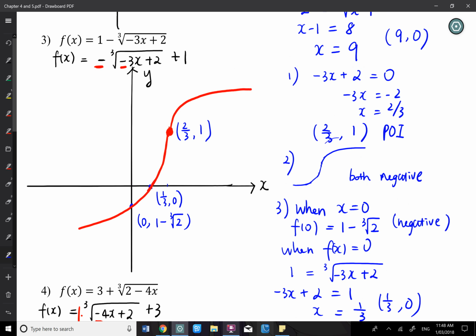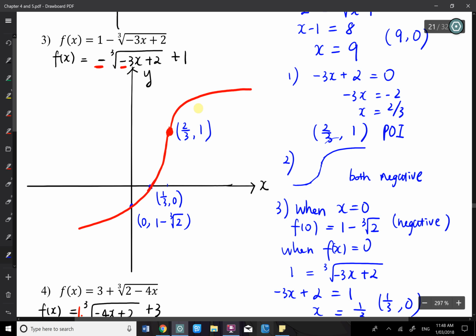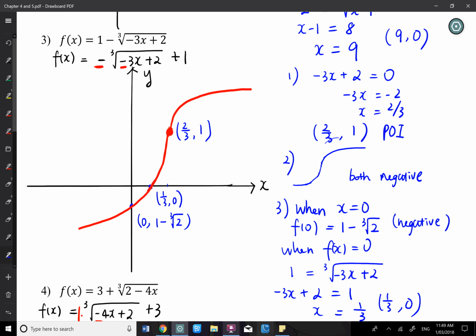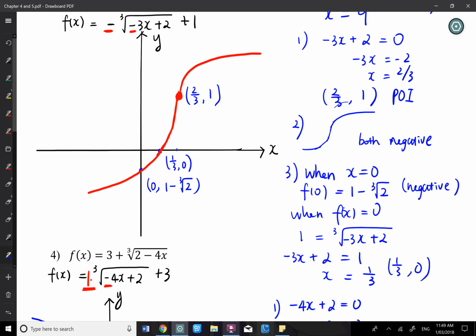My graph is quite to scale, so you should have a shape similar to that. So (2/3, 1) is the stationary point of inflection, and then (1/3, 0) and (0, 1 minus cube root 2) are the x and y intercepts. Again, the domain and range for a cube root function is R and R.